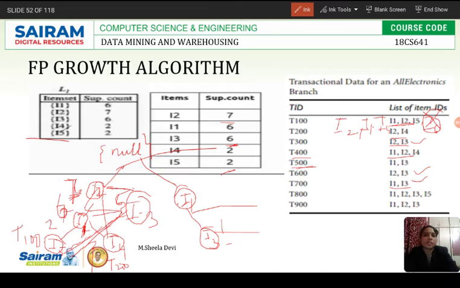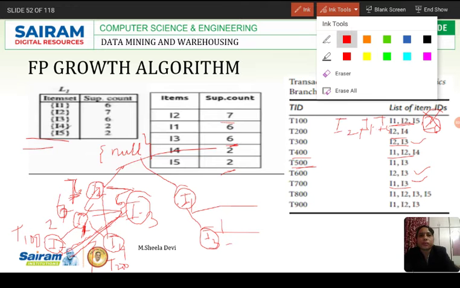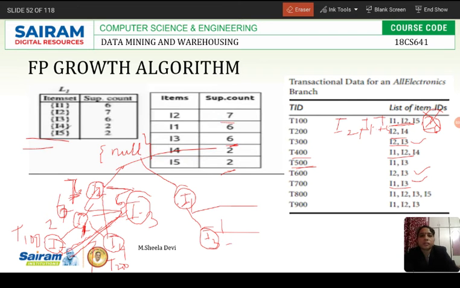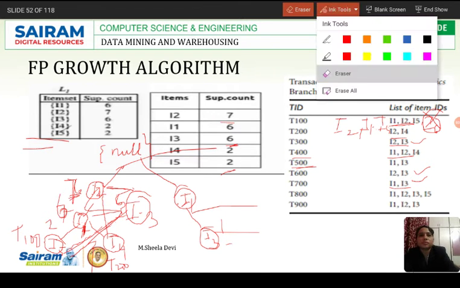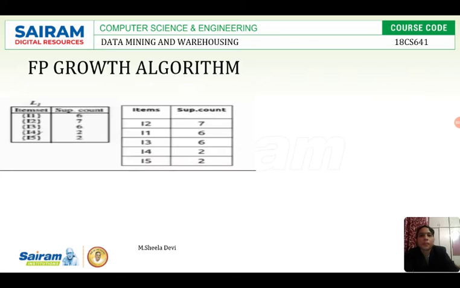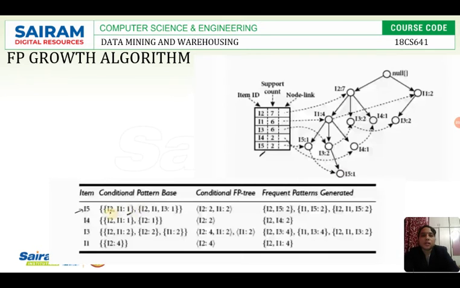So this is how we have to create the tree. I have just explained it with the example. You can see the detailed tree in the next slide. Yes, see here, this is the tree, whatever we have seen.